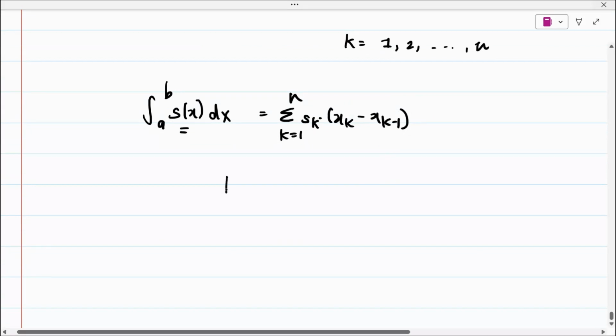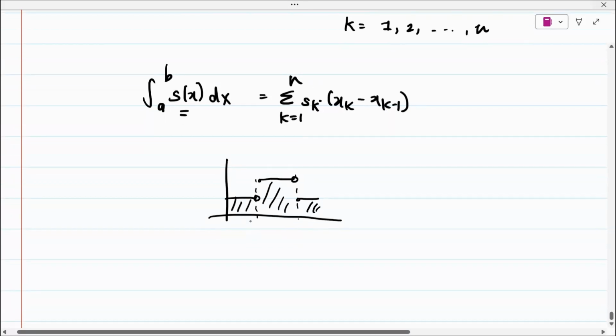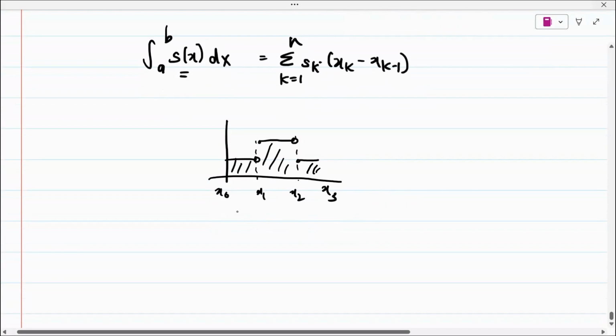If there's a value like this, another like this, one like this, each is one partition. So we have x0, x1, x2, x3.